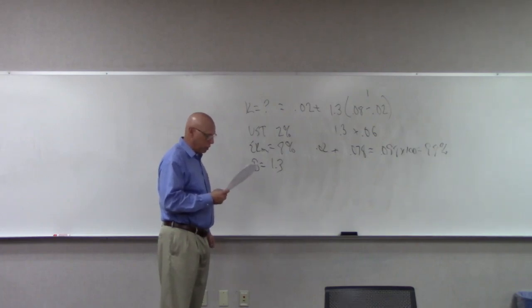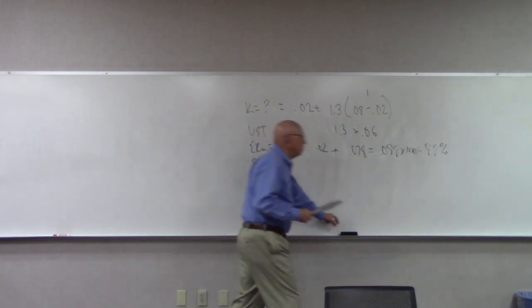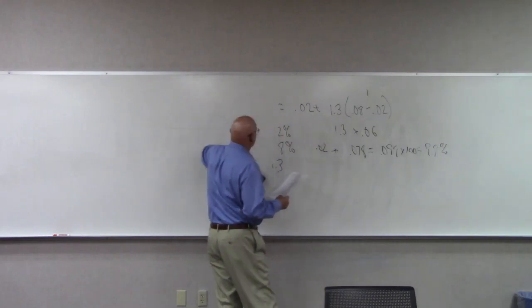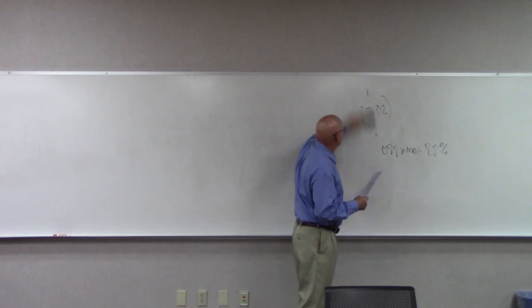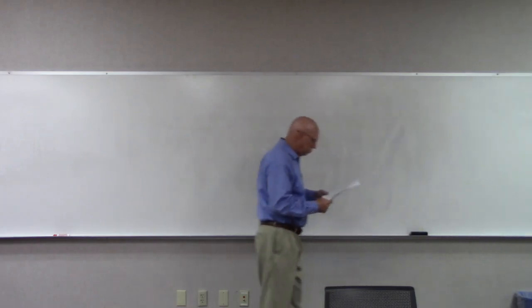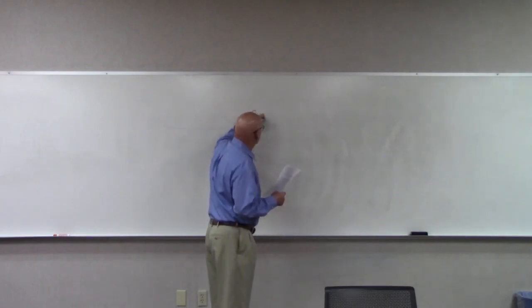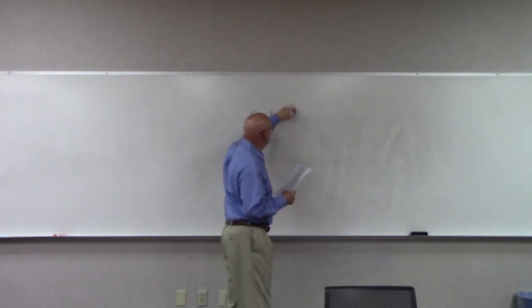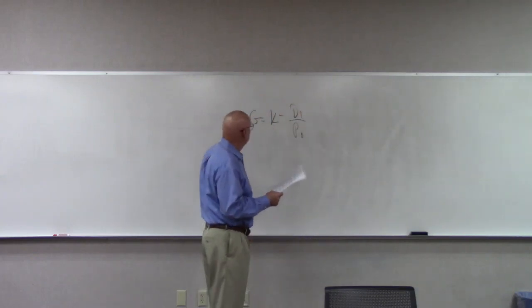Okay. A stock has a required rate of return of 11%. The stock's trading at $40. They'll pay a dividend of $2. What is the growth rate of their dividends? So, let's go ahead and get rid of this. Okay, so G is equal to K minus D1 over PO. Okay?